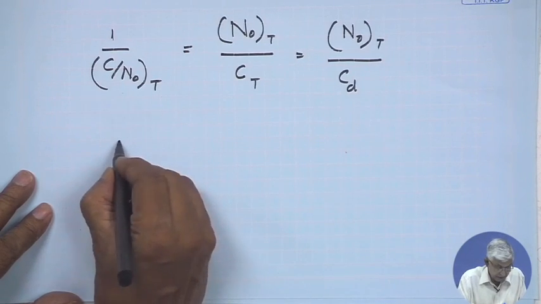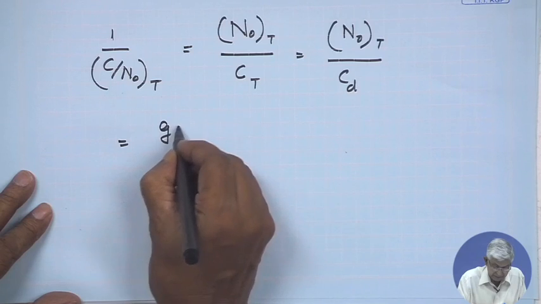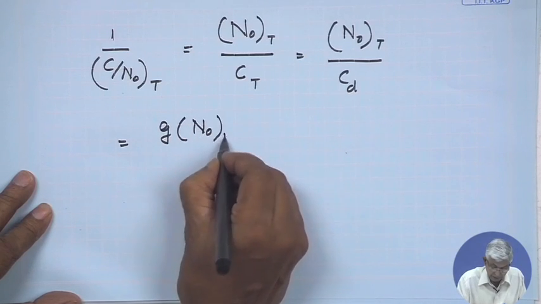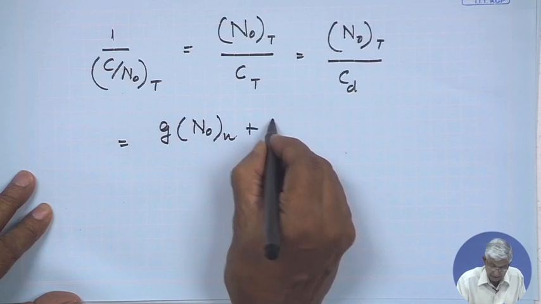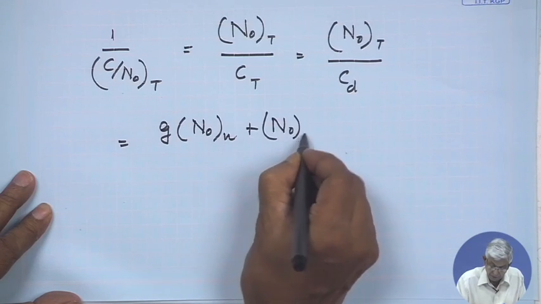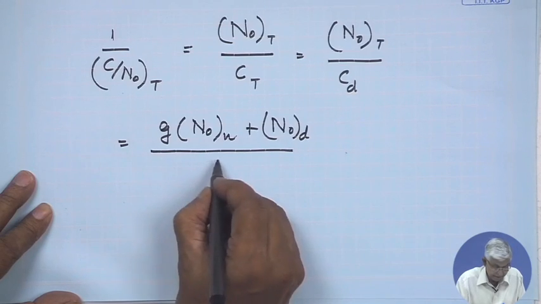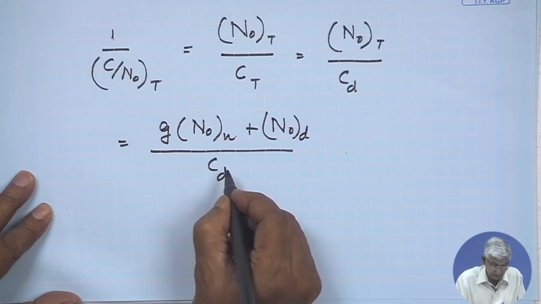That is equal to G times N0 of uplink plus N0 of downlink, divided by C of downlink.